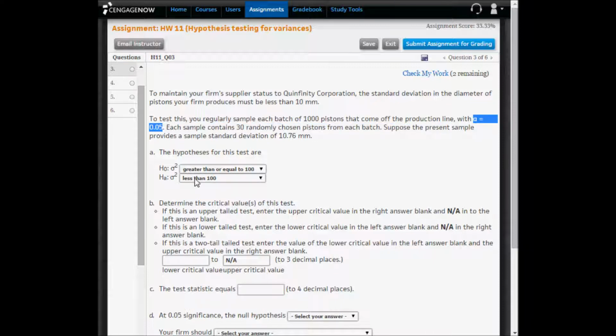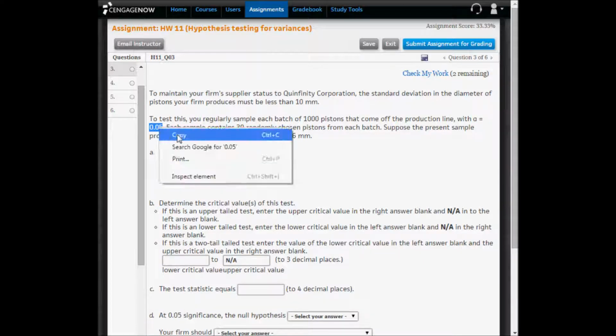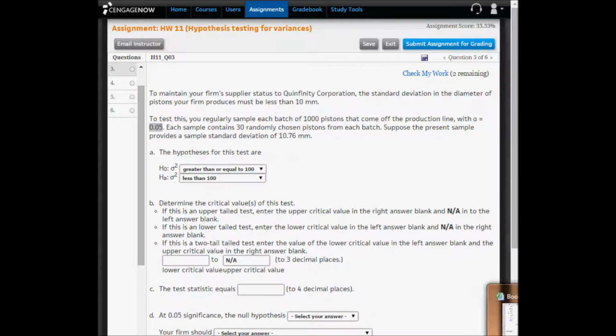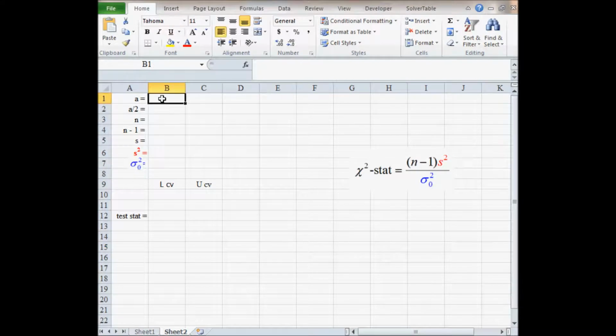Because it is a lower critical value or lower tail test, we don't divide it by 2. So I'm going to copy the significance level and paste it into Excel. Now we don't divide by 2. We divide by 1 because it's a one-tailed test.